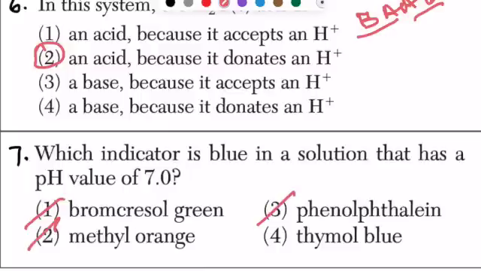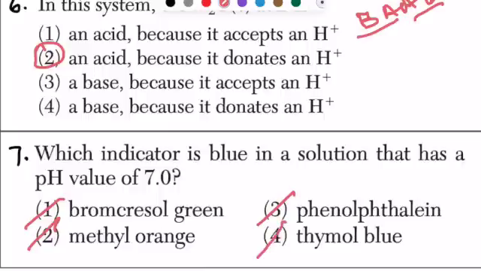And Thymol Blue, the pH range is 8 to 9.6. So when the pH is 7, Thymol Blue is going to be yellow. Interesting.